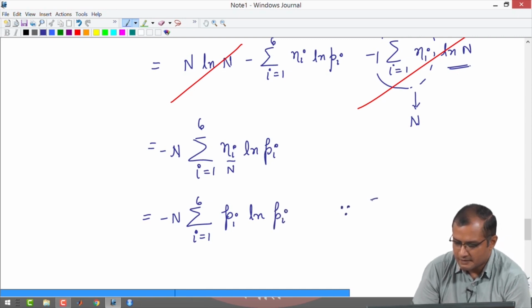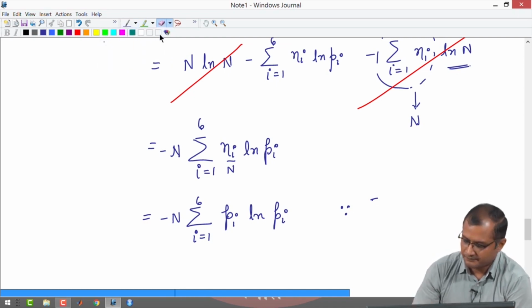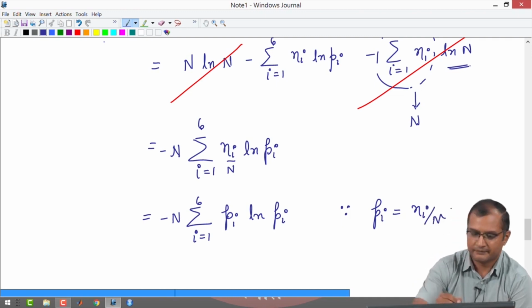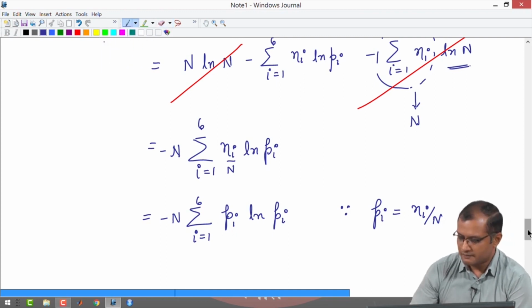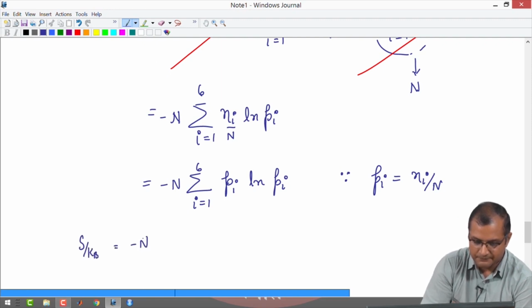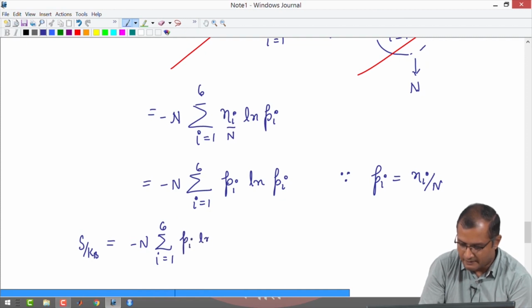Since we have this condition of probability, the probability is defined as ni over n. Okay. So, now we have this connection. So, the left hand side was S over Kb as minus n summation i going from 1 to 6 pi ln pi.